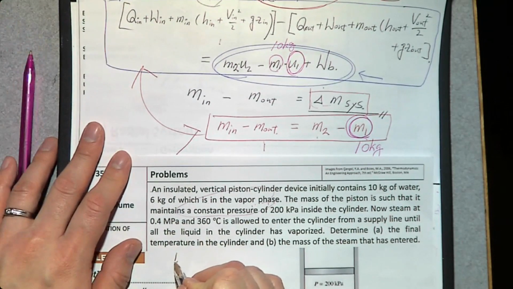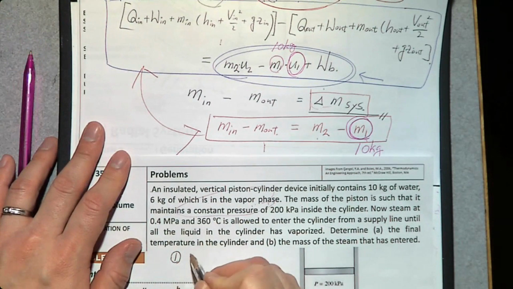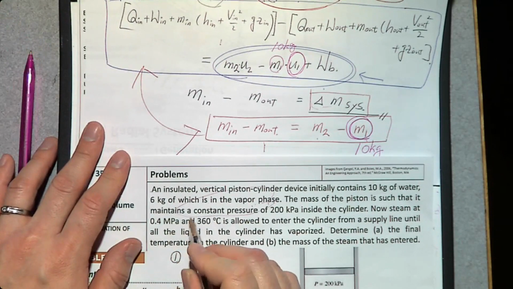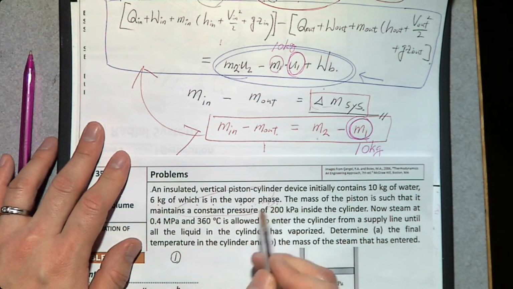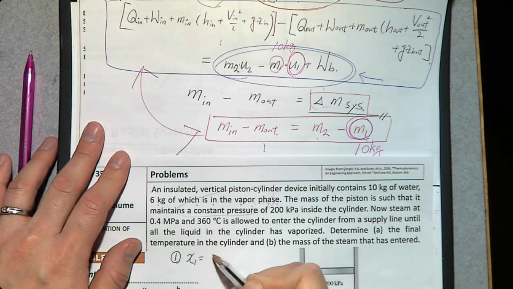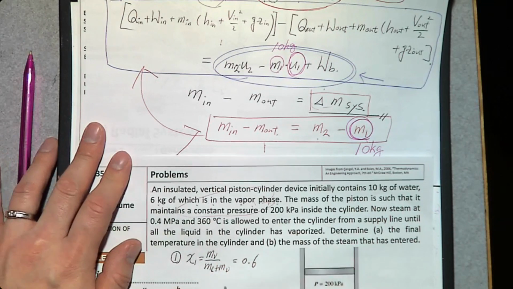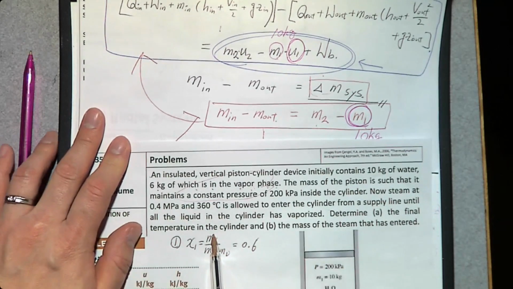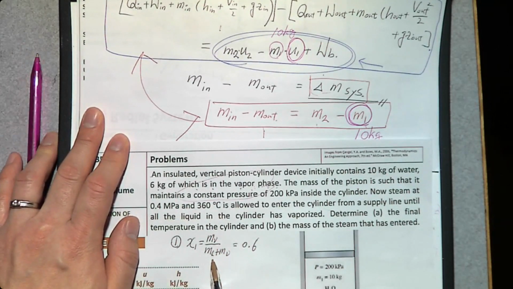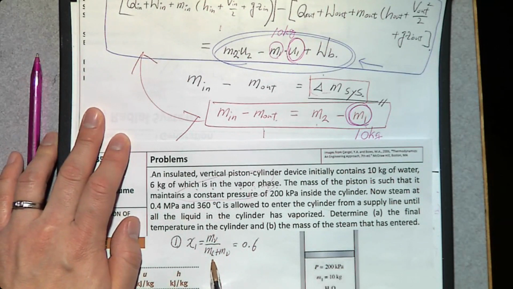At the initial state, we know 6 kilograms of which is in the vapor phase. So the quality X at the initial state can be determined by the mass of the vapor divided by the total mass, which is mass of liquid plus mass of vapor. So it is 0.6, because 6 kilograms of vapor out of 10 kilograms of water.